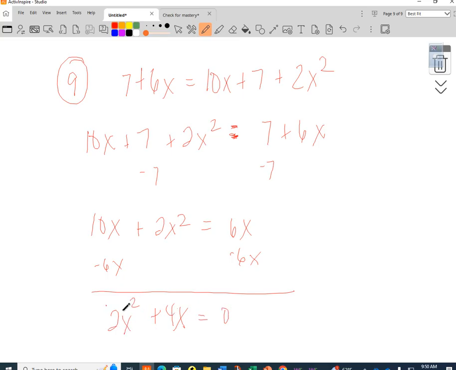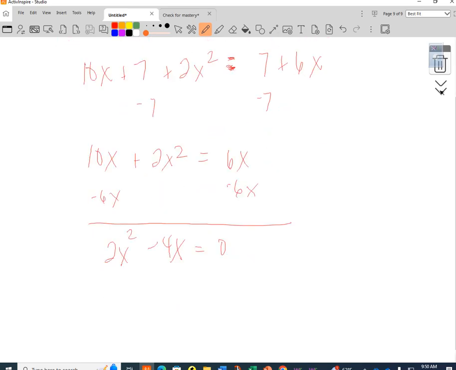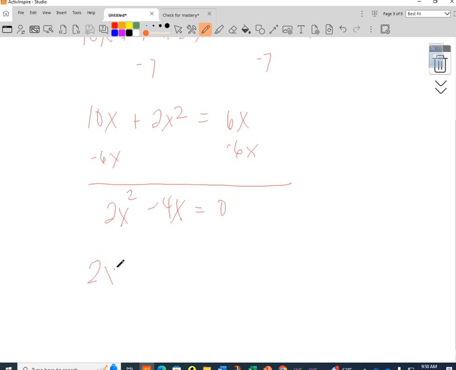Okay. So now I have a binomial, but they both have an x. And they both have another common factor. What's the common factor of both terms now, Akira? Yep. 2x. So what is that other factor going to be in here? X minus 2, because 2x times x is 2x squared, and 2x times negative 2 is negative 4x.